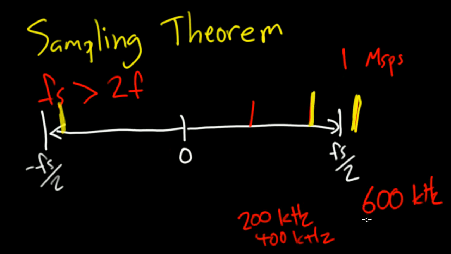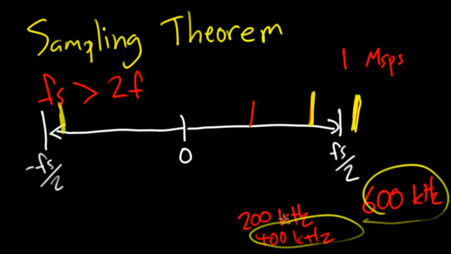My 600 kilohertz signal clobbers my 400 kilohertz signal. Let's say both are present and I'm trying to sample both of them. Well, in the digital domain, they interfere with each other instead of being distinct from one another. Suddenly, as soon as we digitize them, they are no longer distinguishable from one another. And this is a real problem.